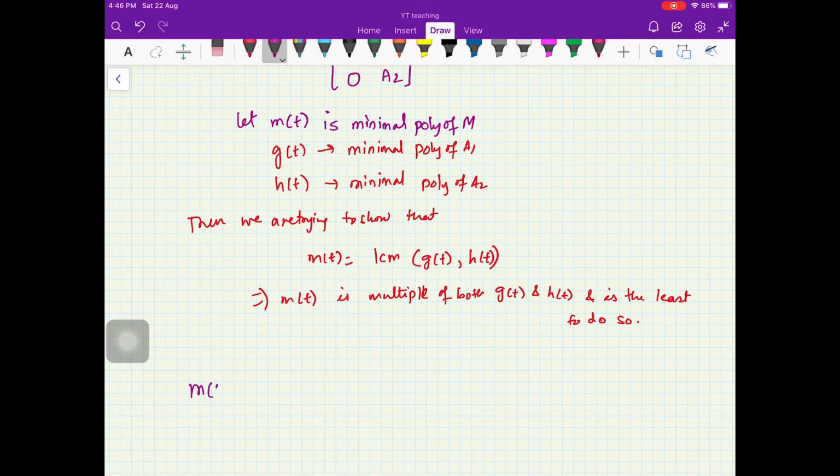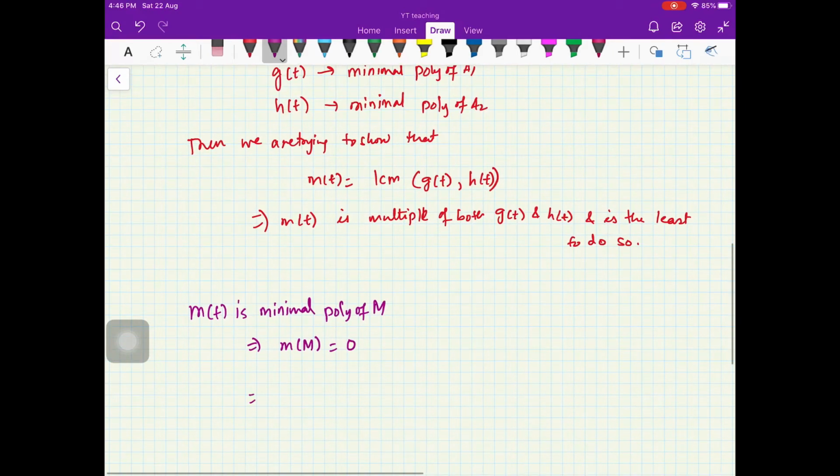You see, m(t) is the minimal polynomial of M. It means that m(M) is going to be 0. Now what is m(M)?